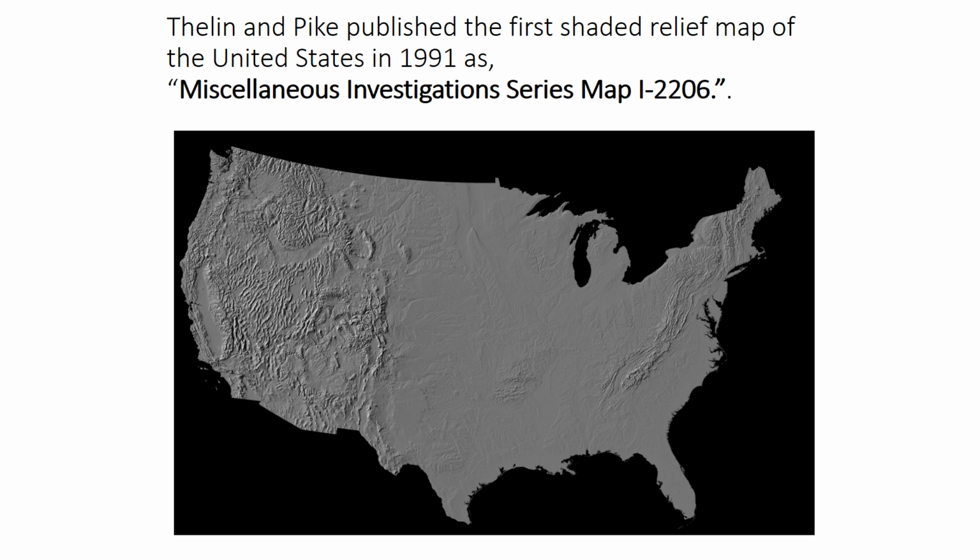Thelin and Pike published the first shaded relief map of the United States. If you think about what that would have taken in 1991 with computing resources, what they were, this is just a vast amount of elevation data that's contained on this map and then rendered out into a visual image. So this is really the first time that people are able to get a view like this.